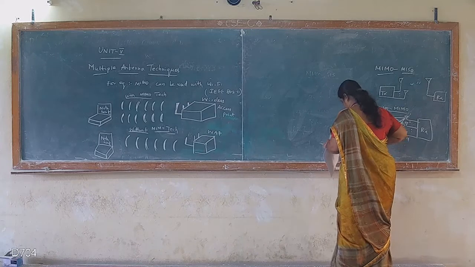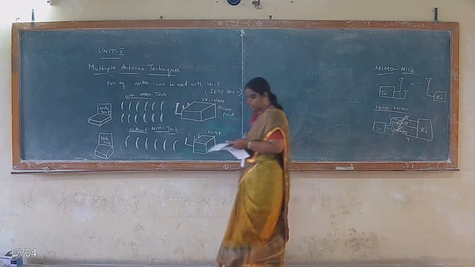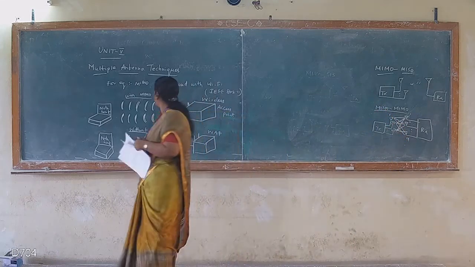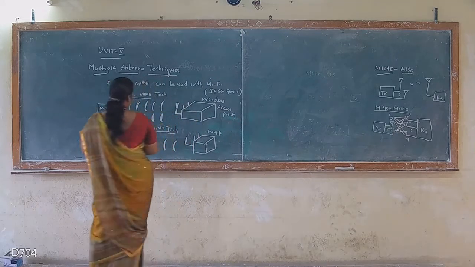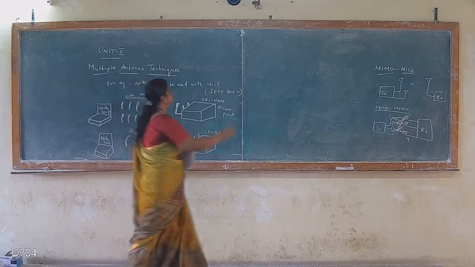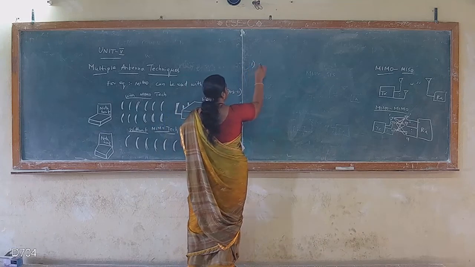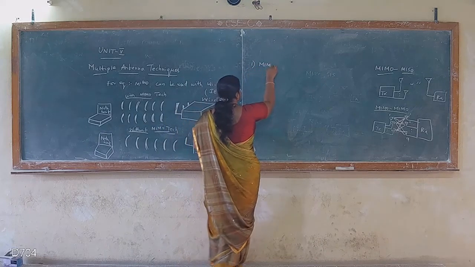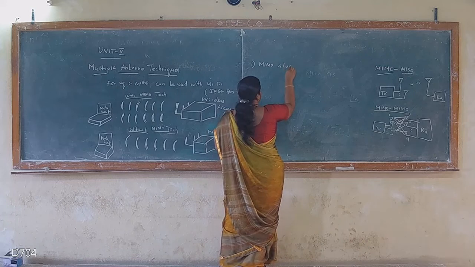First subjective type question: MIMO stands for... you can just go through our lectures. In that itself, I have given the answer for this first subjective question. What is MIMO, right?